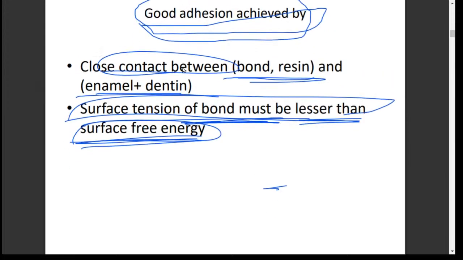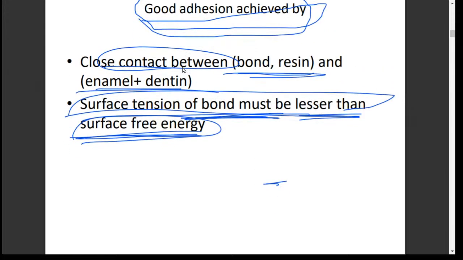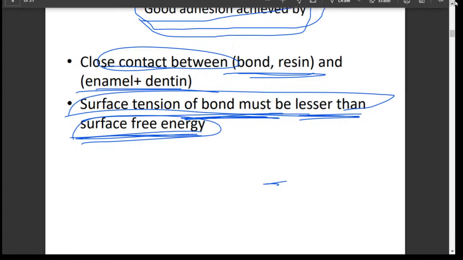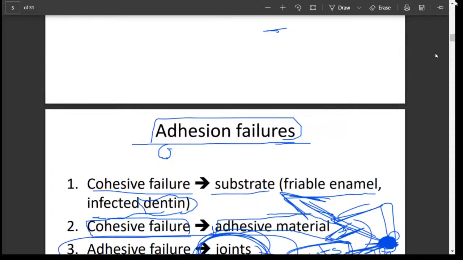In this slide we can see the good adhesion that is achieved by close contact of bond, resin and enamel dentin. The surface tension of the bond here must be lesser than the surface free energy.